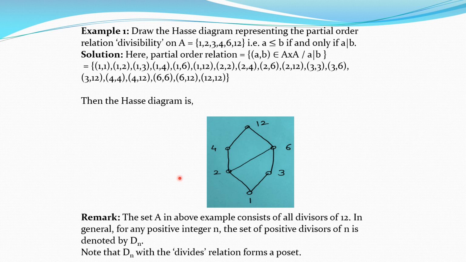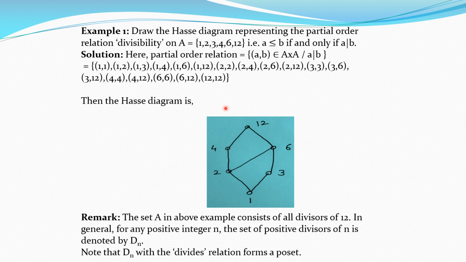So 1 is related to 2, 1 is related to 3, that part we have shown. Now 2 is actually related to 2, but we are not showing any self loop. Then 2 is related to 4. It means 2 divides 4. Again, this relationship is direct. That means there is no element a such that 2 divides a and a divides 4. So for 2 divides 4, we take 4 above 2 and we join them by a line segment.